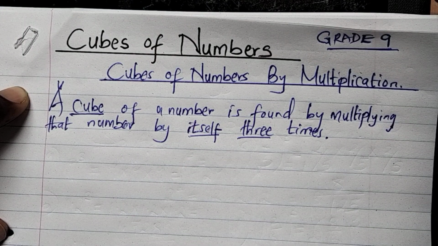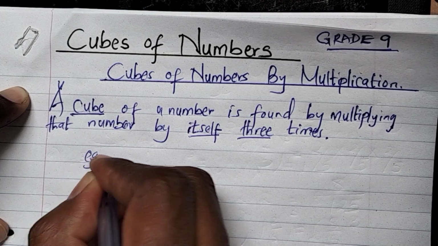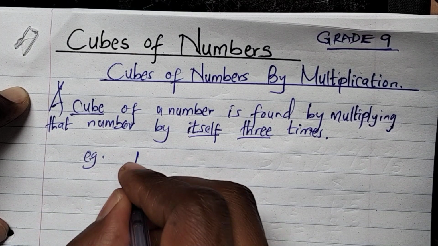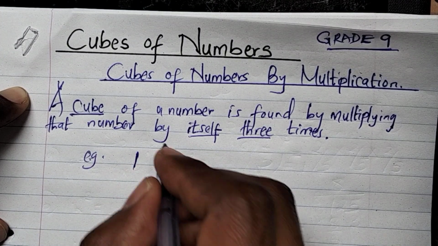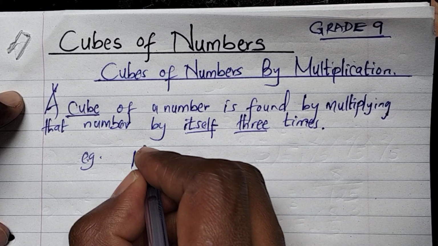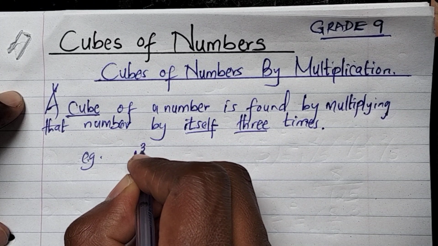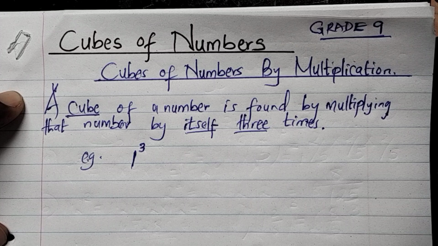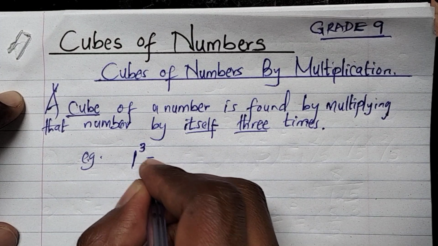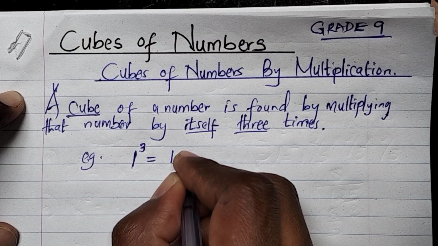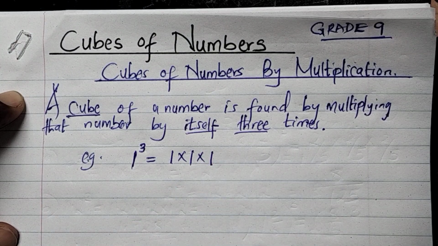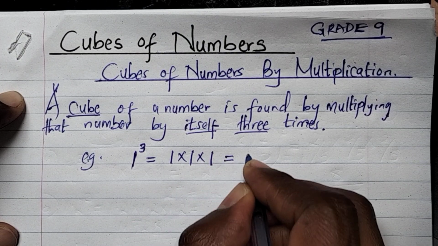We can give examples. We shall have the cube denoted by a superscript 3. So the cube of 1 is 1 times 1 times 1, 3 times, which is equal to 1.